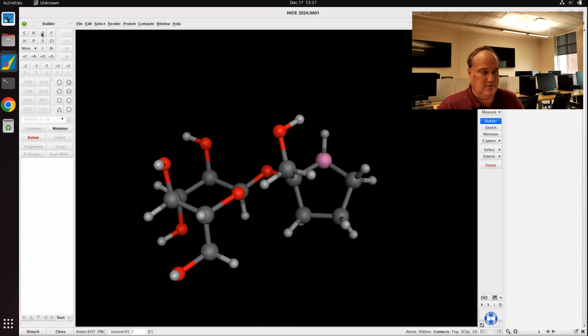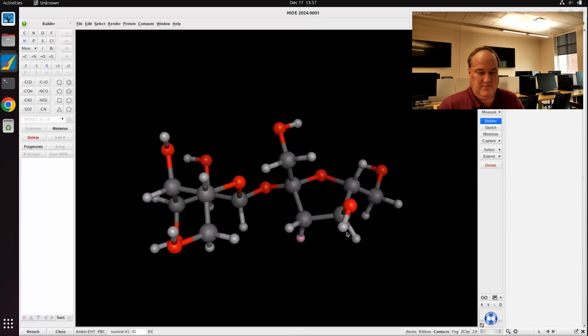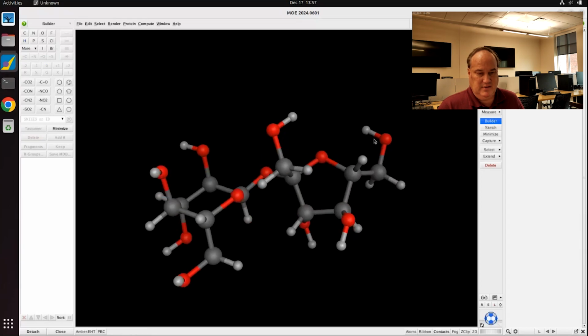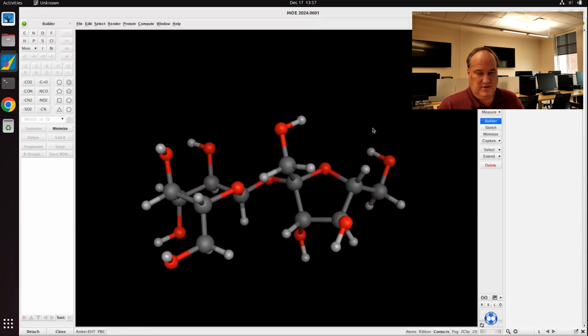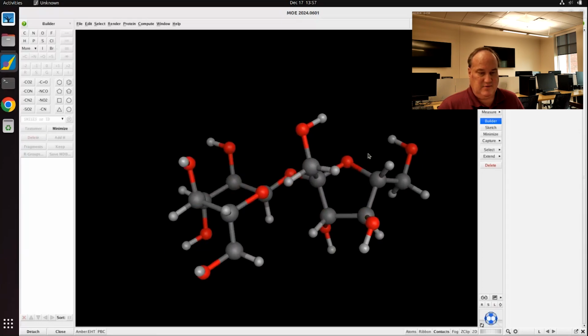This bond right here becomes my ether oxygen. This becomes another carbon with an oxygen on it as well. This becomes an oxygen, and then going away from us. One of these is coming forward, the other's going away. So there's my sucrose molecule, and that should be the correct stereochemistry.